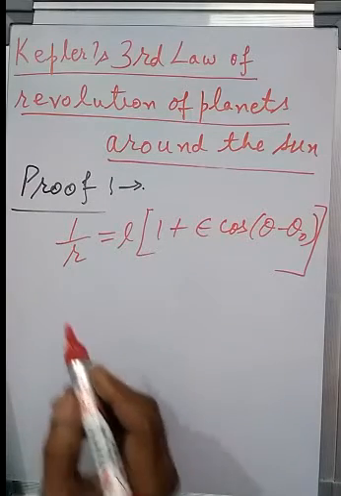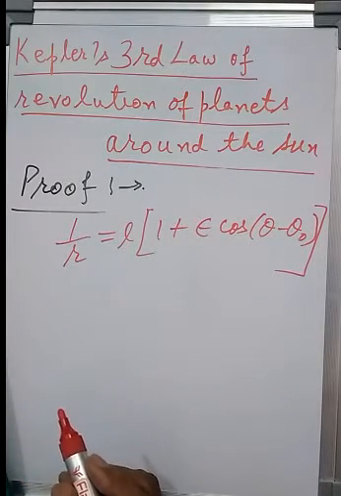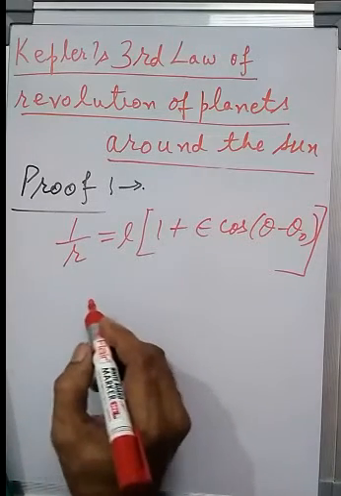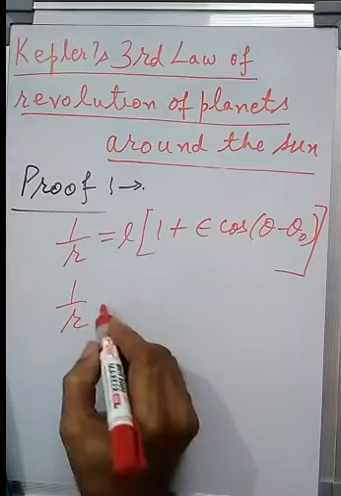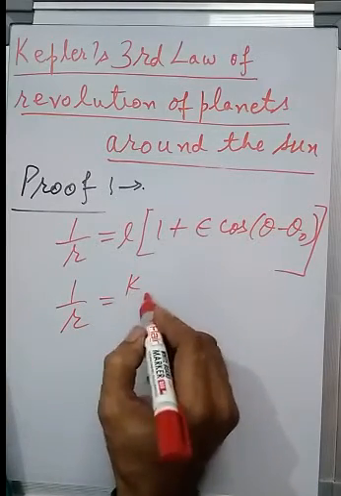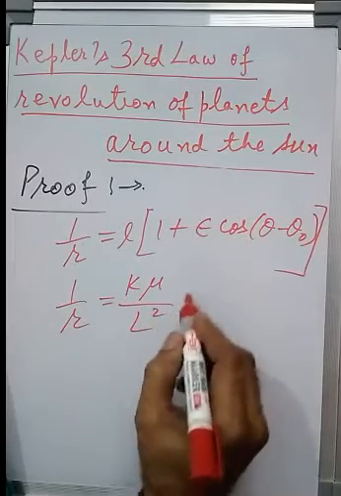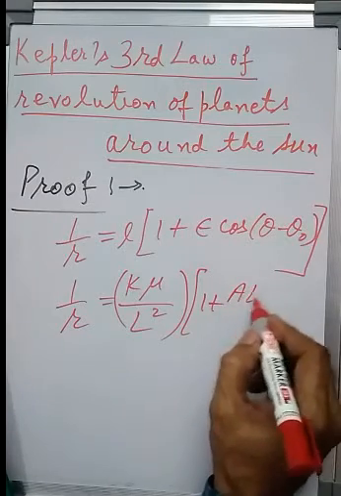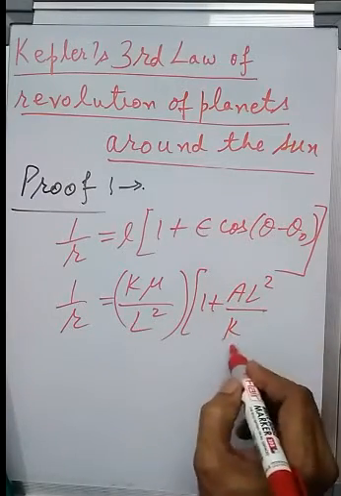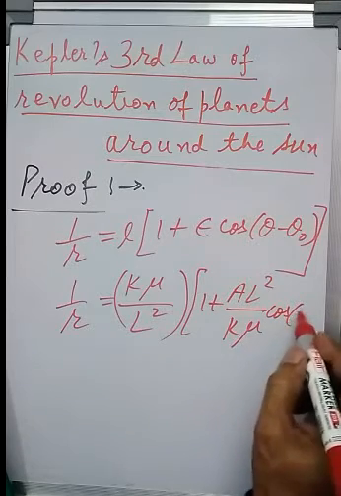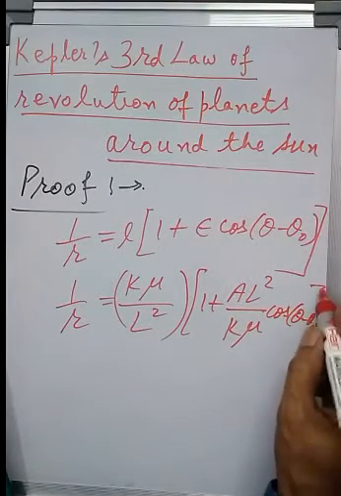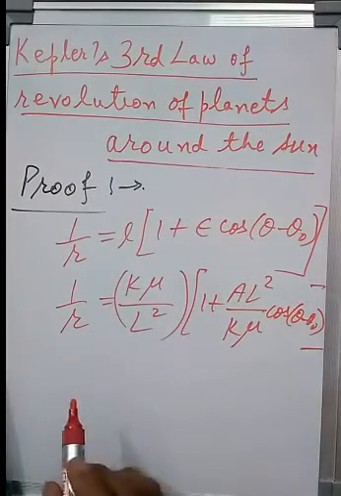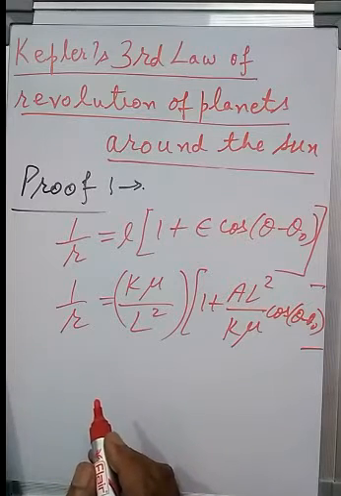If I compare this equation with the equation of a trajectory under central force, this is the equation for motion under a central force. So if we compare these two, this is the general equation, and this is the specific equation for motion under central force.